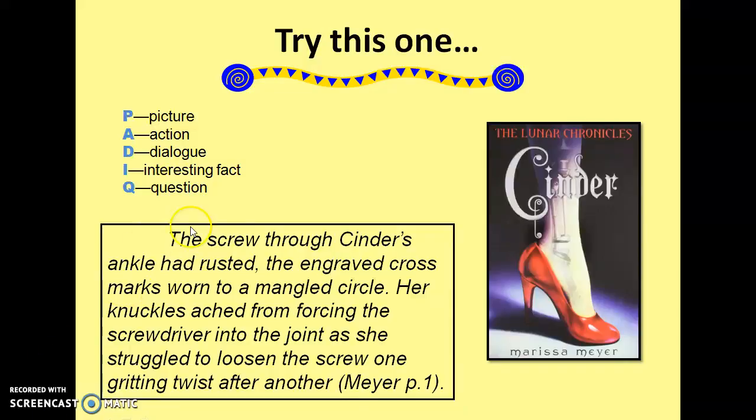The screw is kind of like a nail, but it has edges that are chiseled out, and you use it with a screwdriver to twist into things to hold them together. So this is saying that she has a screw in her ankle and that it's rusted, which means that it's hard to turn and loosen. Her knuckles are aching from the force of the screwdriver in the joint. So she has a screw here in her ankle. Her joint is aching from it, and she's trying to loosen it. You might have also gotten A for action, but definitely we get a picture here as well.